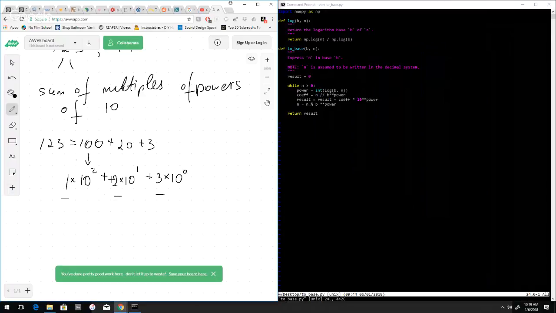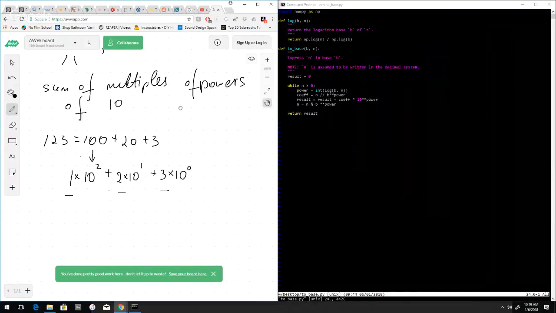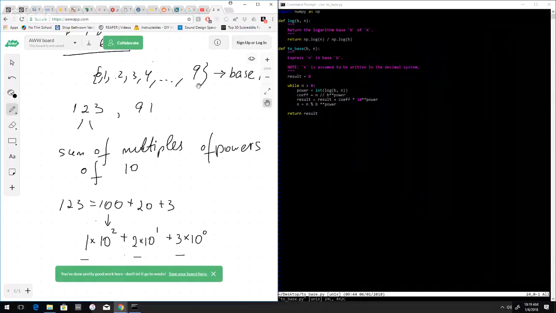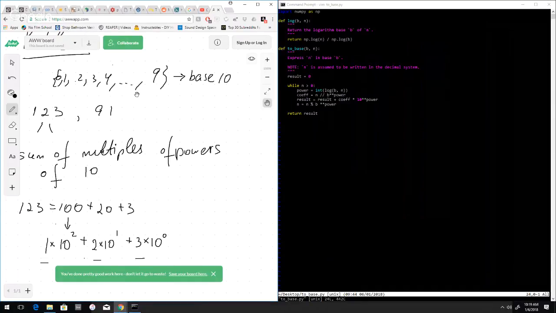Now, notice that any digit that you see here, I'm talking about these coefficients, every one of these coefficients that I've underscored has to lie in my set of digits. So it has to be here. These are the digits I'm allowed to use.